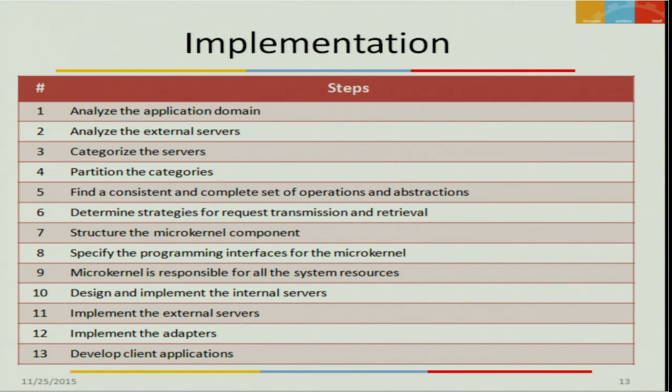Essentially, the categories of services which are close to the hardware or hardware dependent or very frequently used are basically part of the microkernel. Like obviously, memory management should be part of the microkernel because this is the most frequently used component. But page fault handling, different drivers, and file system can be part of internal servers.